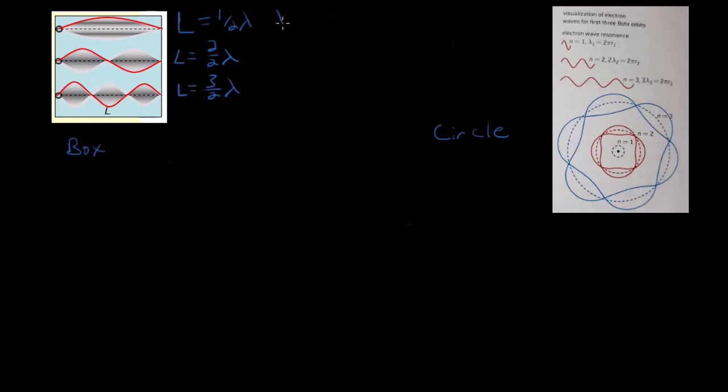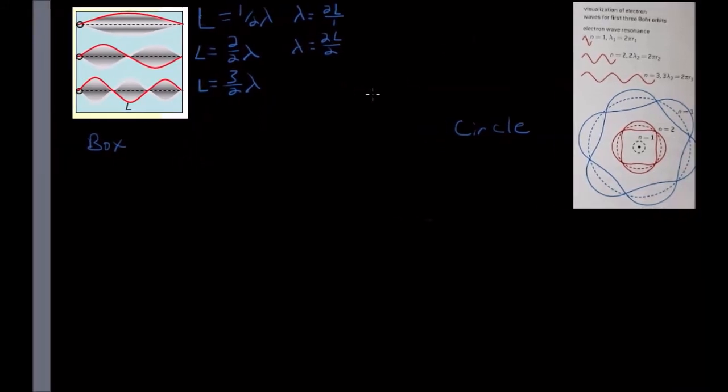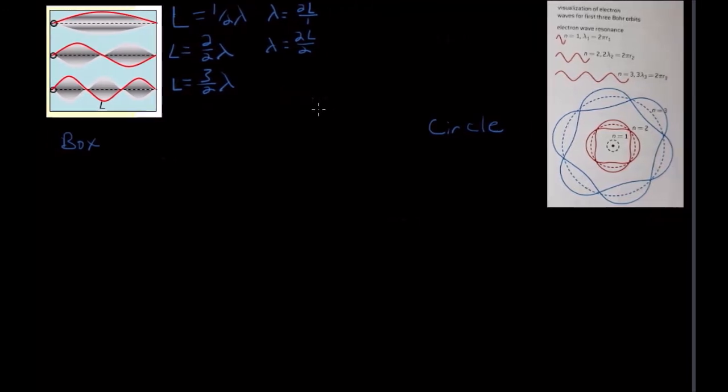And we can convert this to wavelength equals 2L over 1. This would be 2L over 2. Again, I moved my thing. Let me try to get it back here. I don't know why it is acting like this. Can't get it centered.